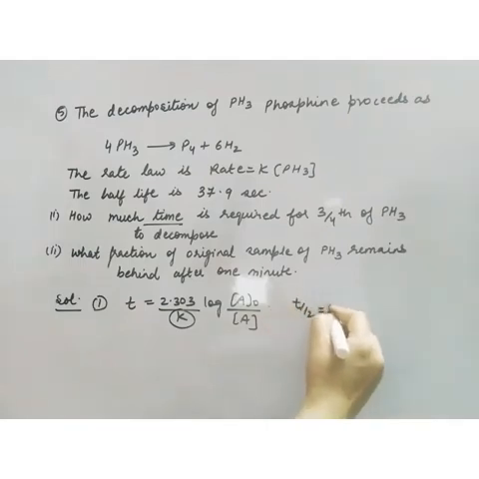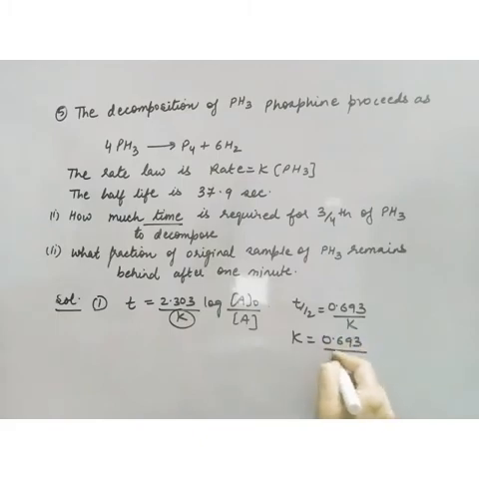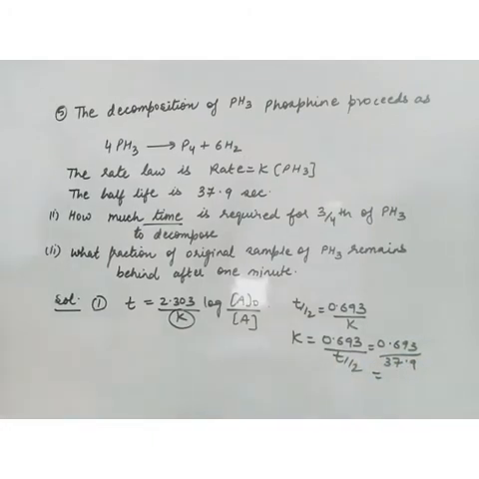T half is 0.693 upon K. And what is this T half? It is 37.9. So K is equal to 0.693 upon T half. That is 0.693 upon 37.9. So the answer will be 0.693 upon 37.9.